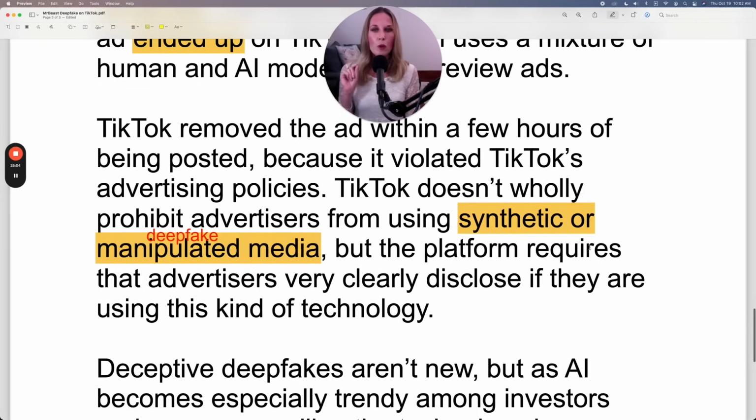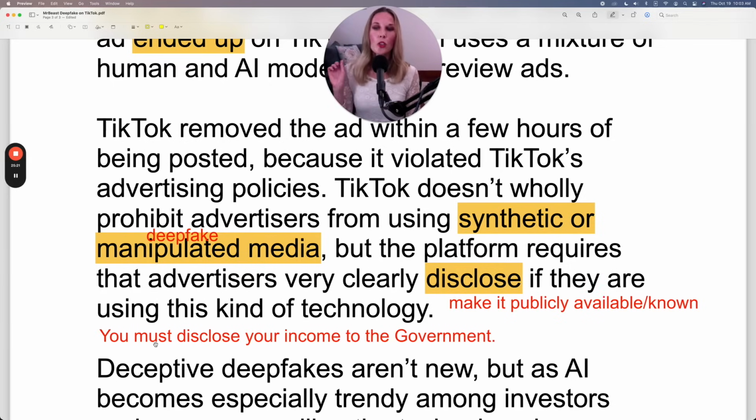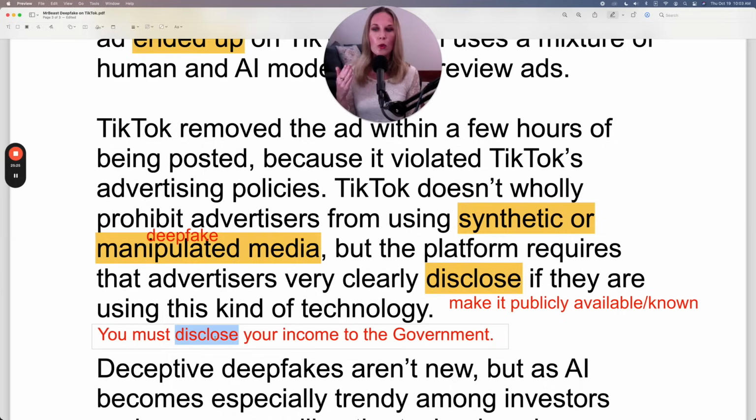But the platform requires that advertisers very clearly disclose if they are using this kind of technology. So if you disclose information, it means you make it publicly available. For example, you must disclose your income to the government. So you must tell the government, make it known to the government.